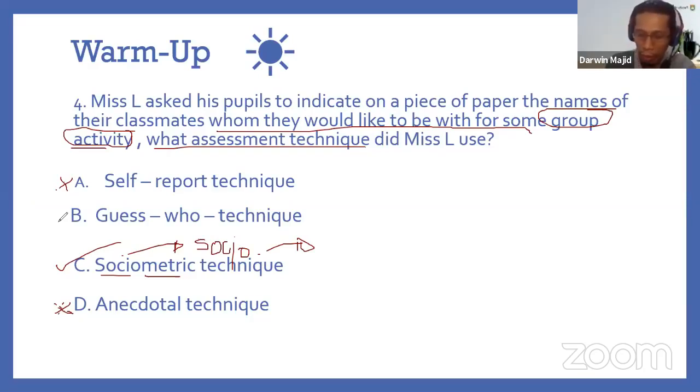Yes, but that's the point of this assessment, is how far they will work on with the group activity. How they will relate with the group activity. Kasi merong magkakakilala pero pagdating sa group activity, ayaw nila magkakasama. Parang mas malalim po yung sociometric. Yes. Okay po. Thank you po, good question.